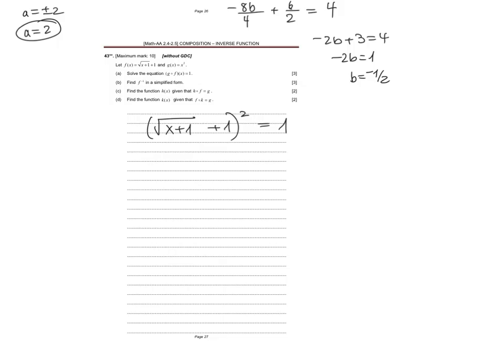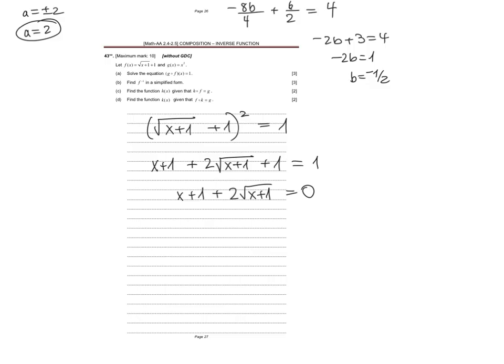So if we distribute, we're going to have x plus 1 plus 2 times the first and the last, times 1 doesn't matter, and then plus 1, and that equals 1. So here we're going to have x plus 1 plus 2 root x plus 1 equals 0.